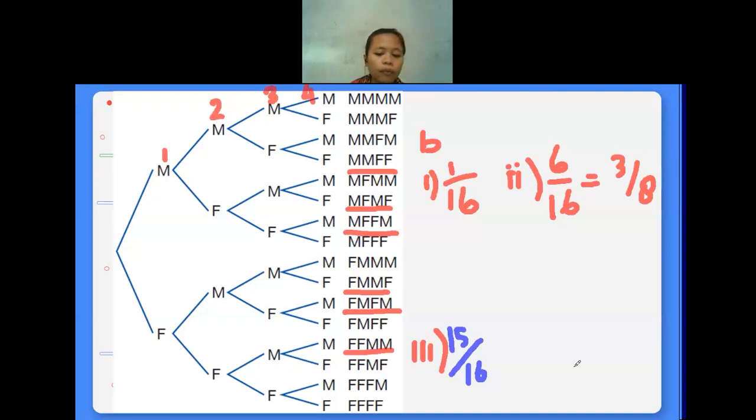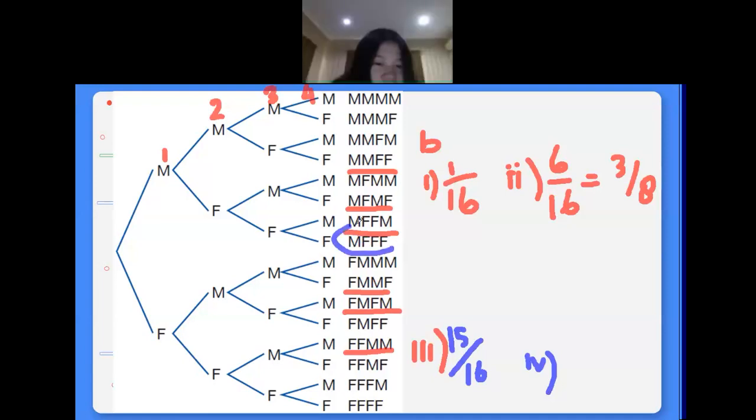For question 4, in here, more females than males. More females than males. So how many are they? 4. This is more females. And then this is also more females.